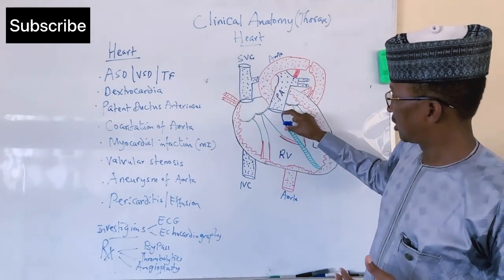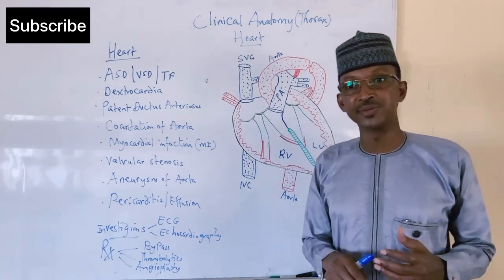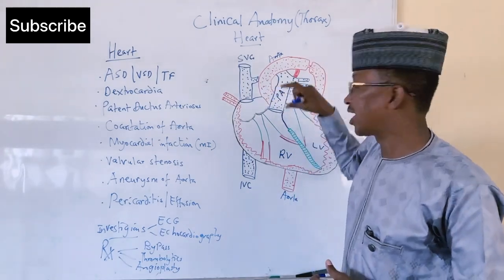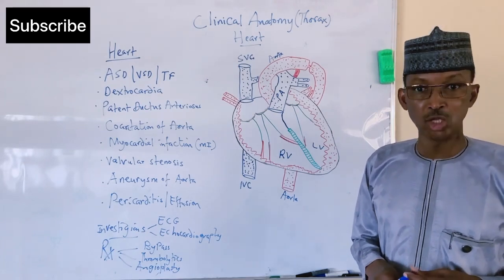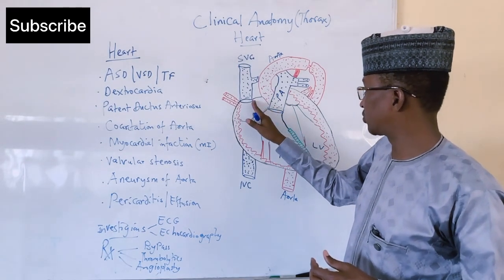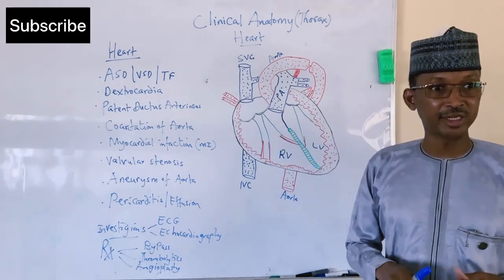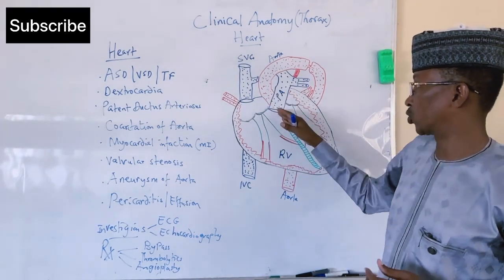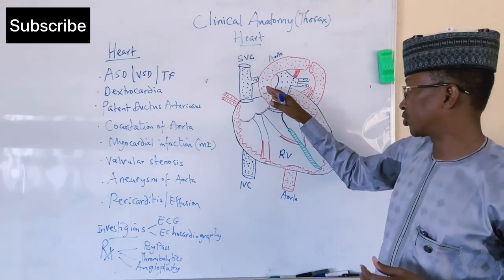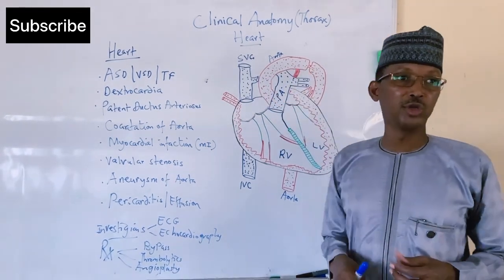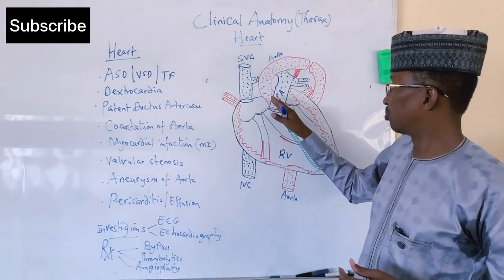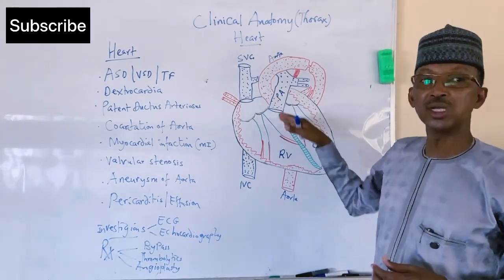This septum inside here is what we call the interatrial septum. Unfortunately, I was not able to show it on this diagram because I wanted to show the arch of the aorta and the pulmonary trunk. So the septum should be just behind these two great vessels.